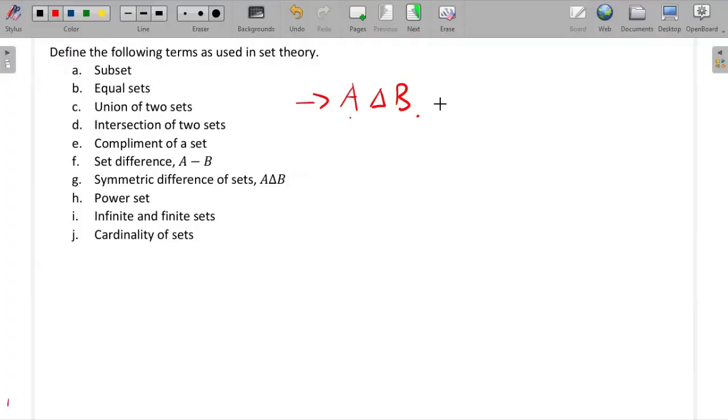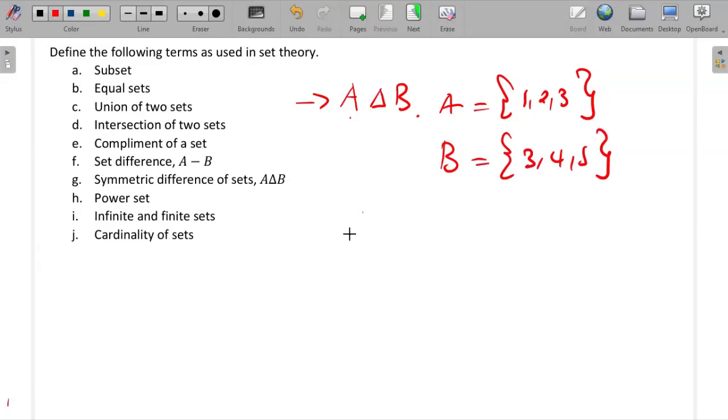Okay, so for example, A is {1, 2, 3} and B is {3, 4, 5}. So now A symmetric difference with B is the set of all elements that are in A or B, but not in both. So meaning we just have to cancel out whatever is in the intersection.